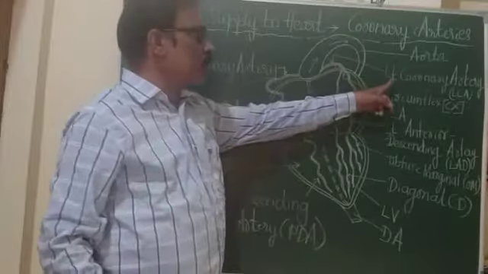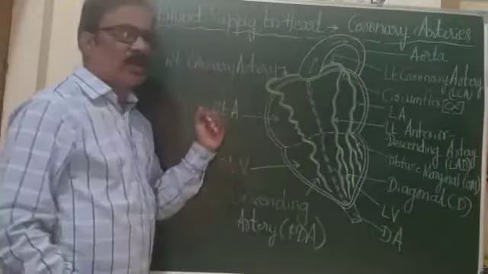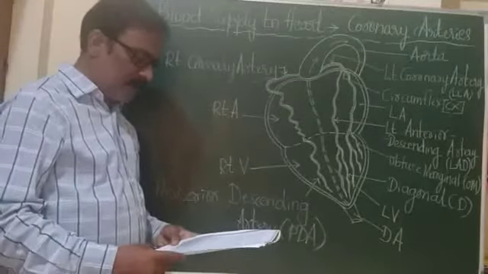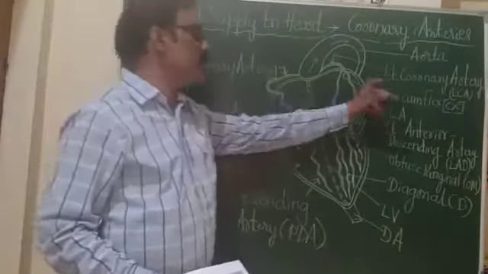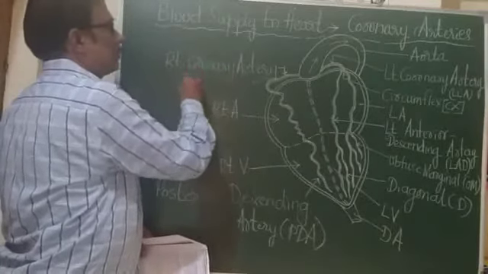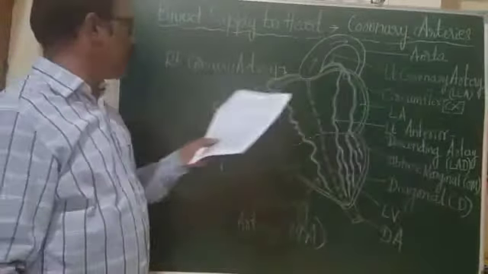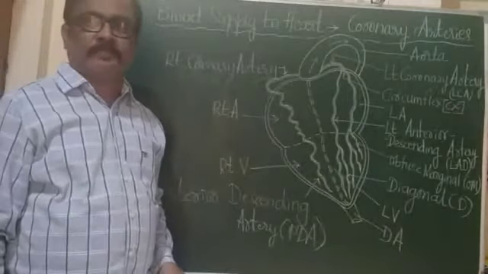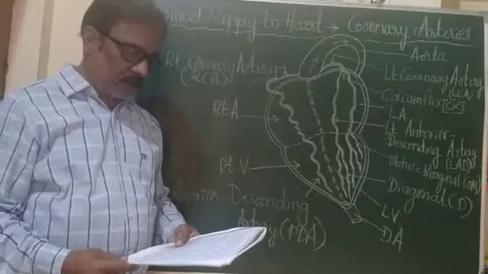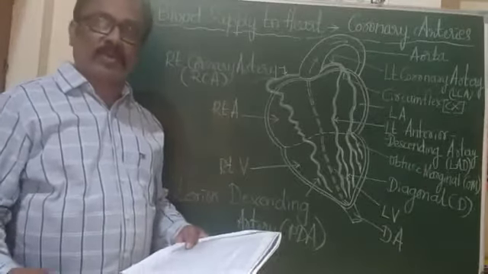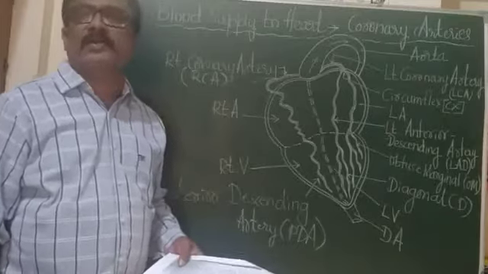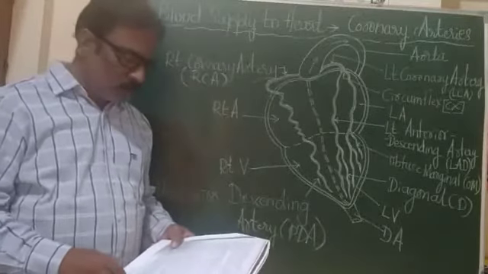This is the left coronary artery and this is the right coronary artery, that is LCA and RCA respectively. So these two originate from the aorta and end on the wall of the heart itself.